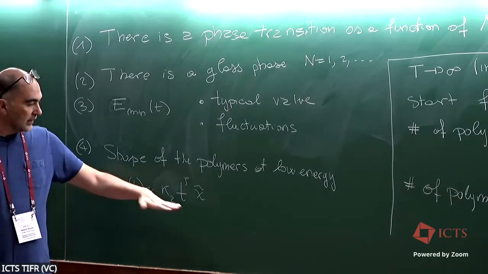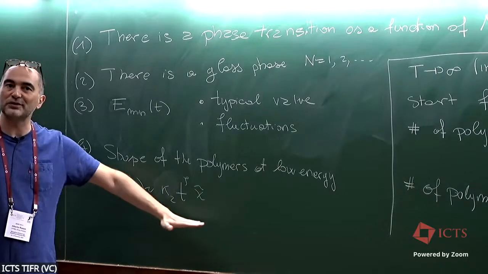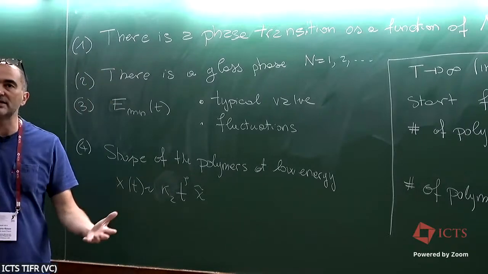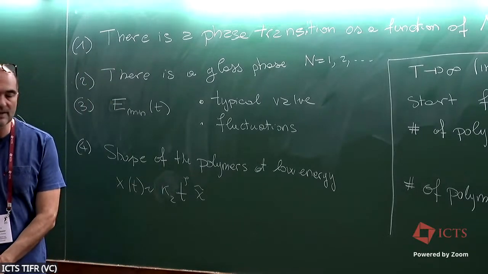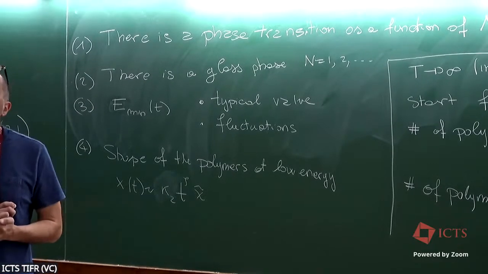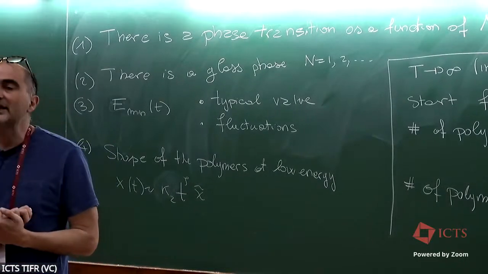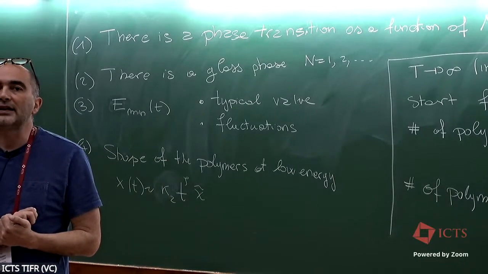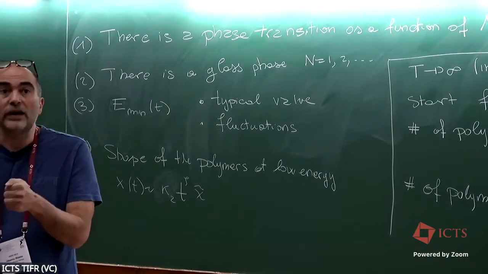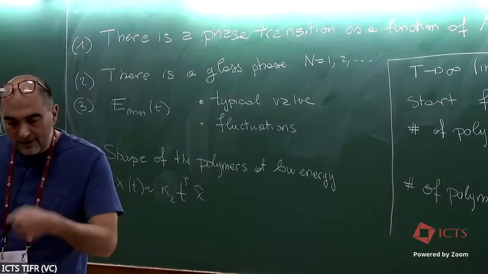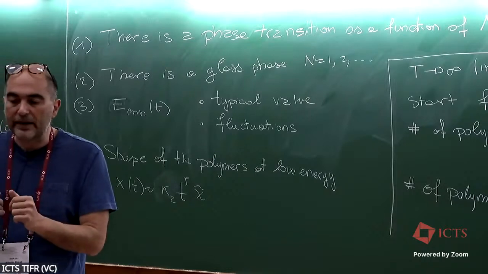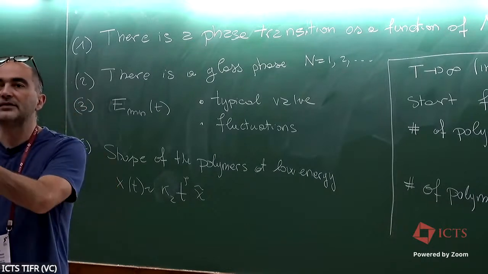Okay, so for infinite temperature it is a problem which is very simple. I expect to have some Gaussian with some exponent zeta, which is 1/2, because this is diffusion. So what you will see with Ivan is that if you now ask what is the best energy, then you are ready to pay an entropic cost, to go in regions where there are fewer polymers in order to pick the V which are negative.